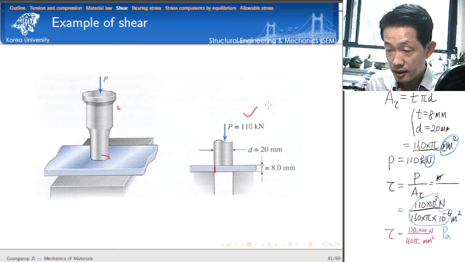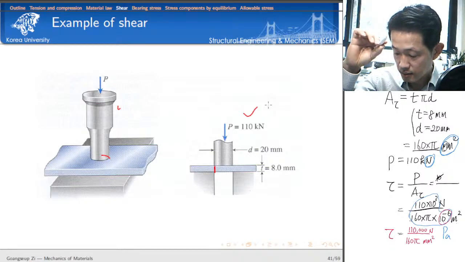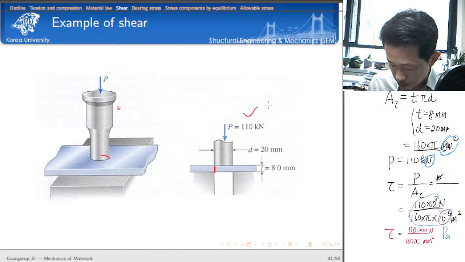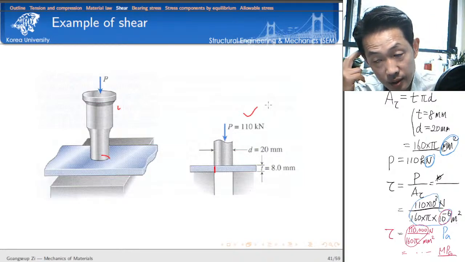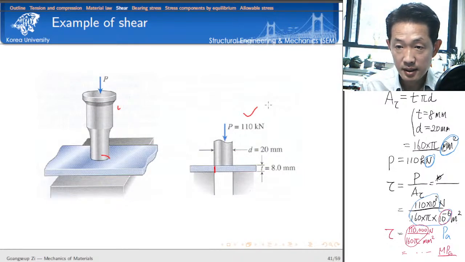The millimeter square is 10 to the power minus 6, as I mentioned here. So if you move it to the denominator, the numerator in this operation becomes megapascal. So just calculate this number, then we can obtain the result in the unit of megapascal. For the force, we want to use Newton. For the area, we want to use millimeter square. Then we can obtain megapascal very easily.